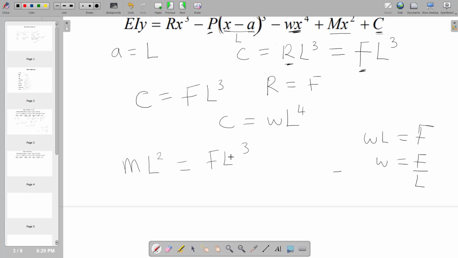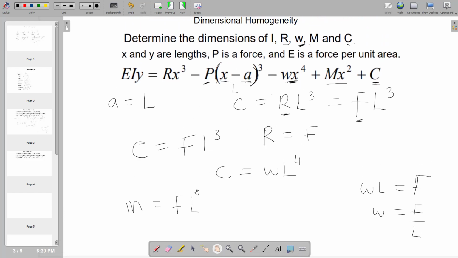So just like we did for W, we can simply make M the subject: M equals FL cubed over L squared, so we divide by L squared. So we just have M equal to FL. So our M is simply FL. Okay, so that gives us our M.